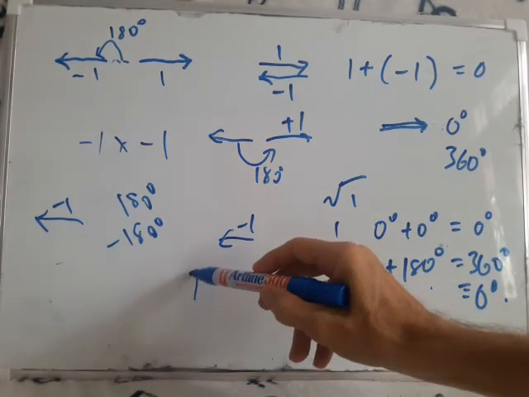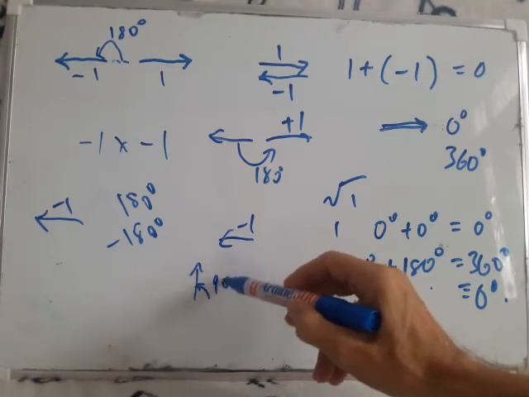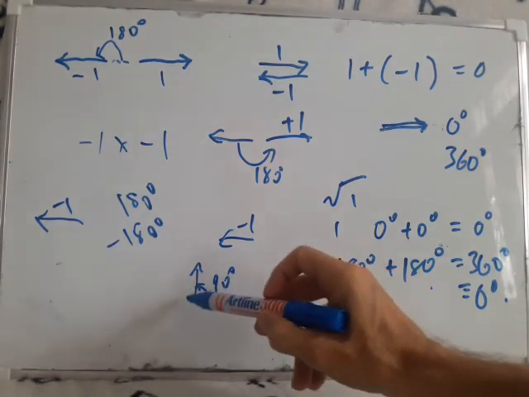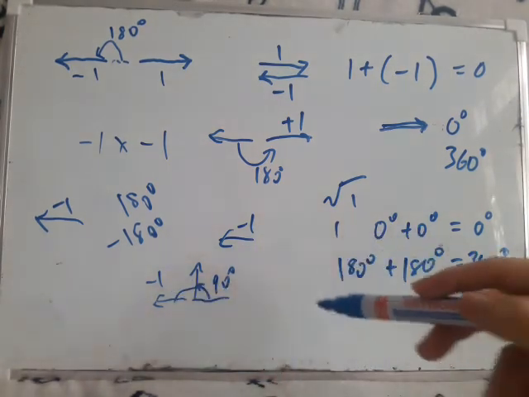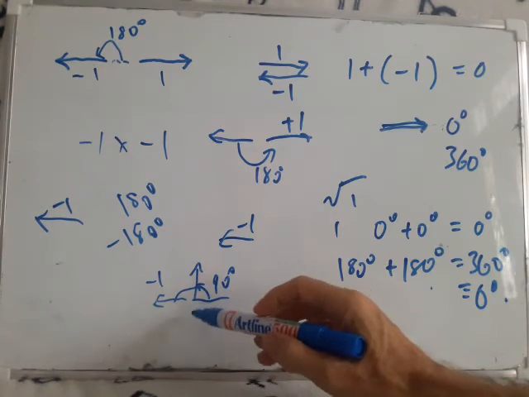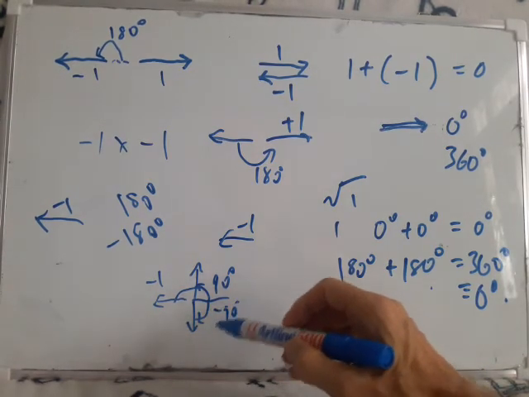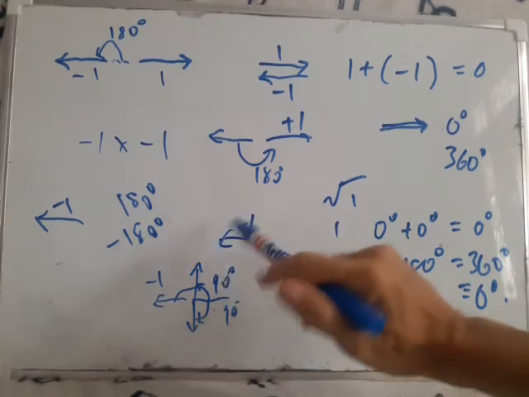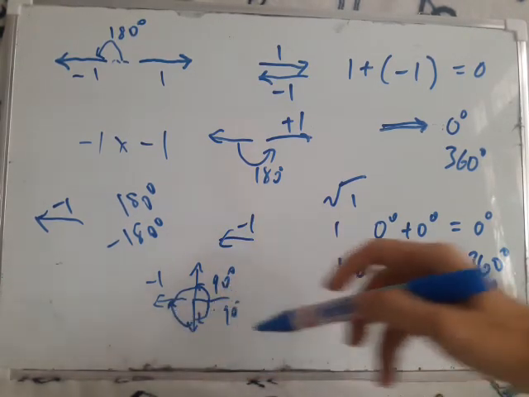The answer is a vector pointing upwards at 90 degrees. If I double this angle, I get a vector pointing at 180 degrees. Similarly, if I have a vector at -90 degrees, and I double this angle, I'll get -1.